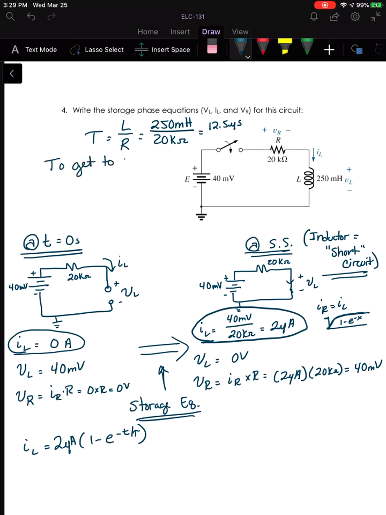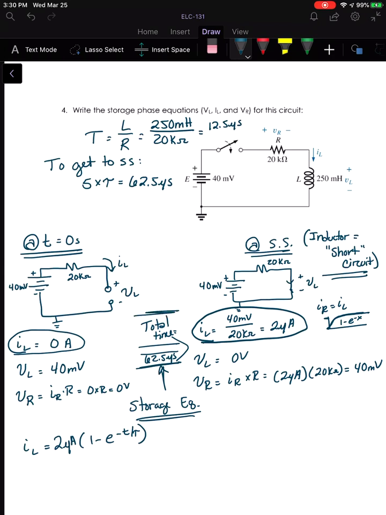To get to steady state, we need to take 5 times that. That would be about 62.5 microseconds. Still very fast, but that means that total time here is 62.5 microseconds.